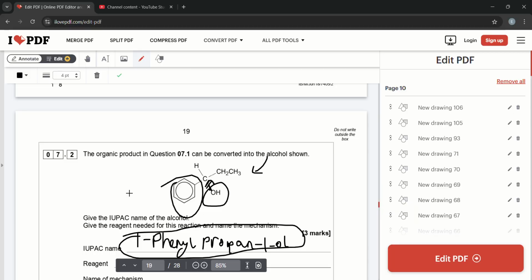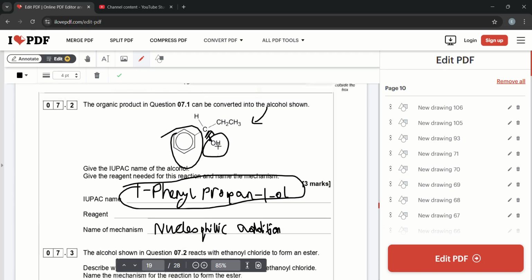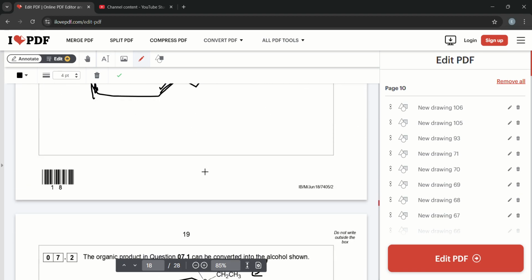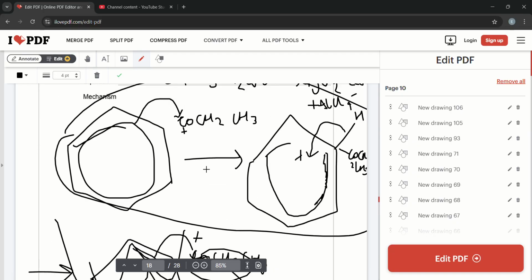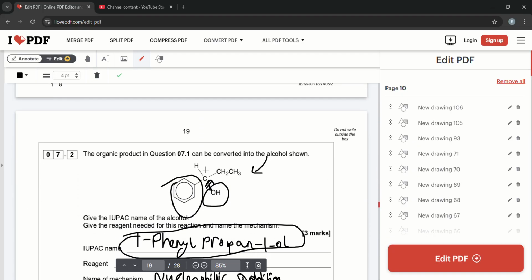It's going to be, what's it called, nucleophilic addition, because all we're doing, as you can see, is we're just adding something on.